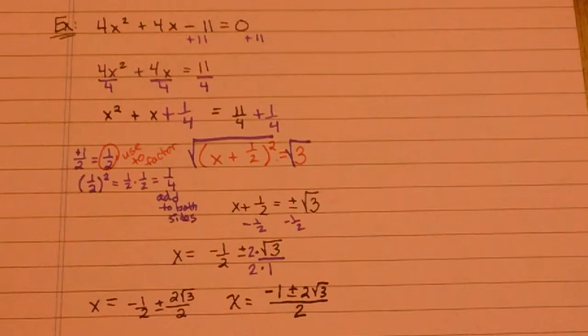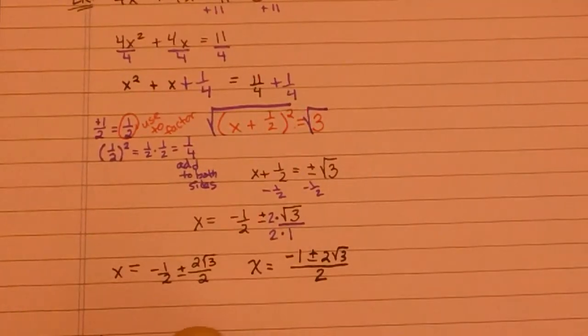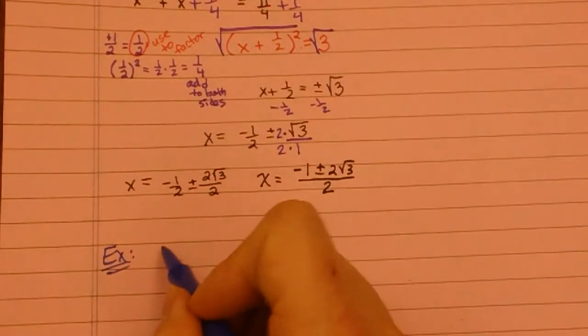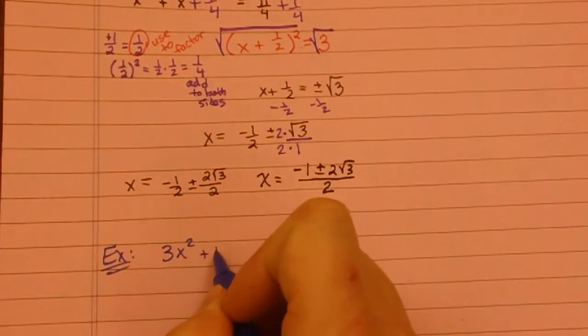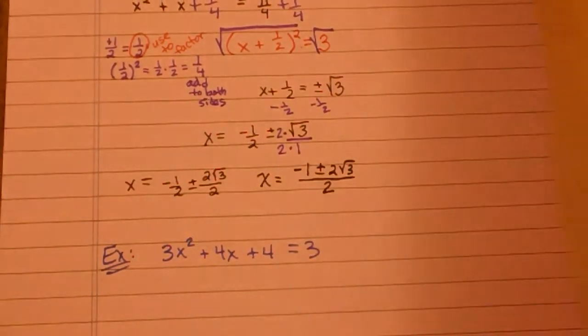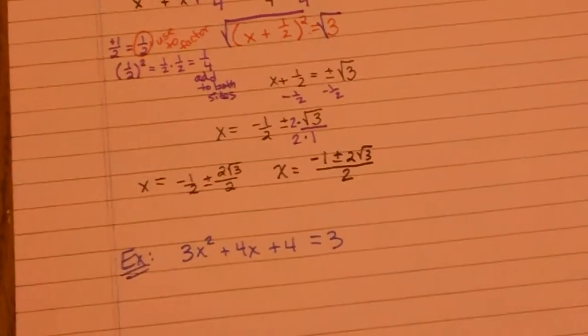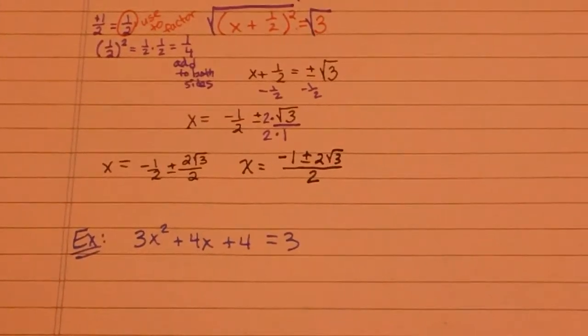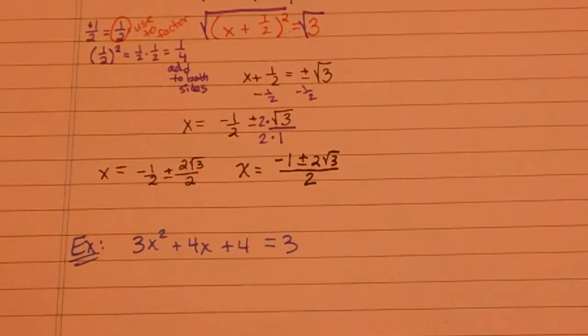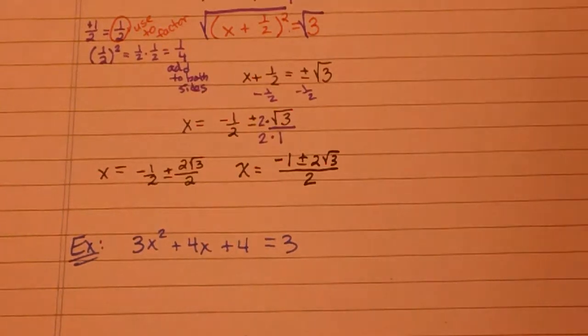Okay, let's look at another one that you might not think is pretty. How about 3x squared plus 4x plus 4 equals 3? We want to start out by getting all the variable terms on one side and the constant terms on the other.